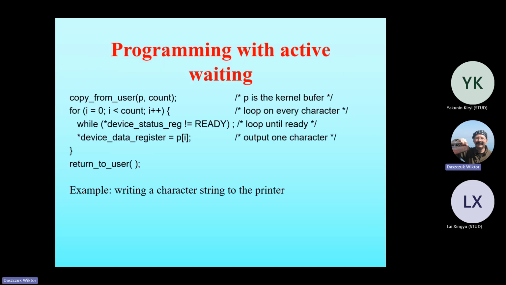How does it look from the program point of view? For example, when we send a sequence of characters to the printer. In every solution, maybe except IoT solutions, we copy data from user space to system space.